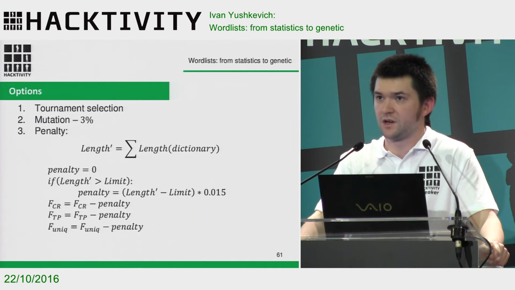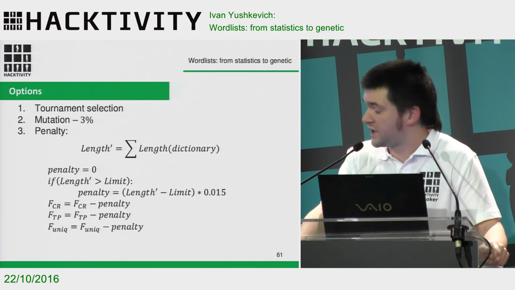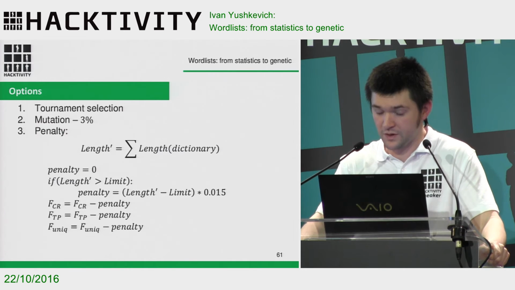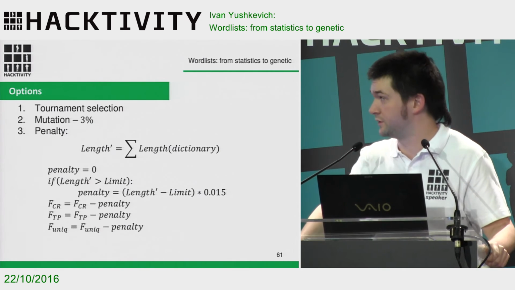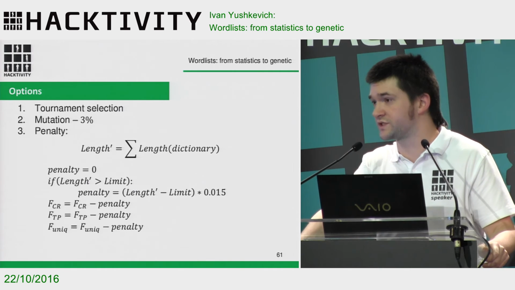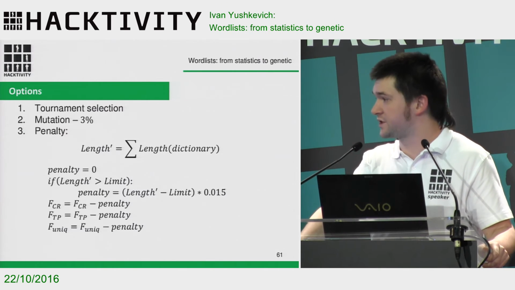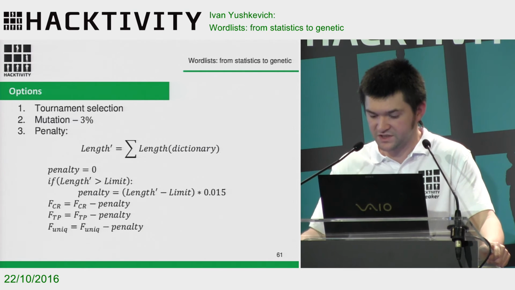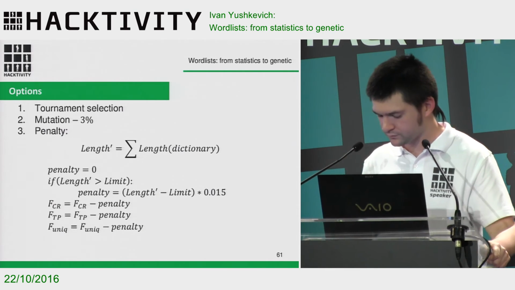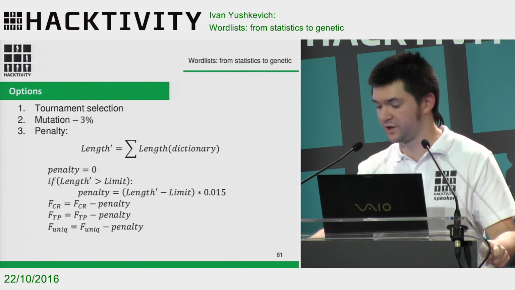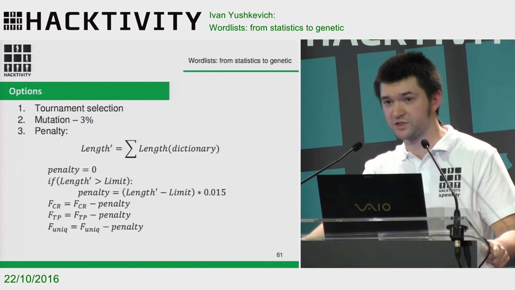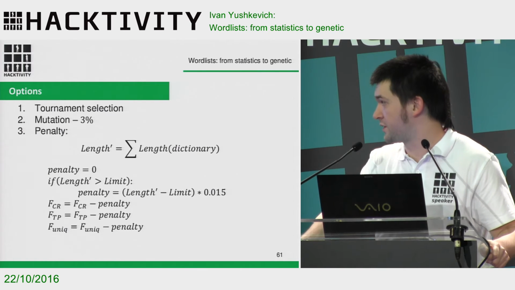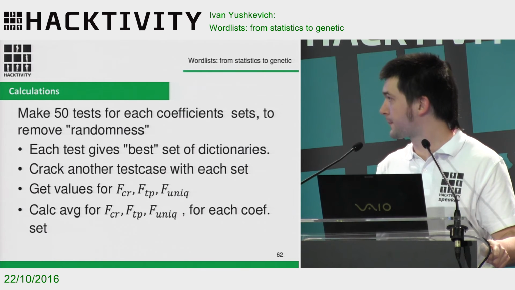That's why I chose a penalty that relies on the count of passwords. It's rather simple. There was also some border value. After that, the penalty is calculated and subtracted from each fitness value. So the population must bring me a dictionary as small as possible with the best fitness values.